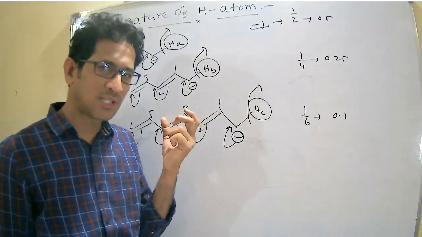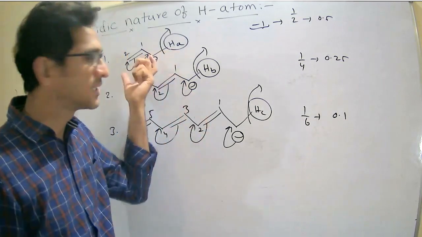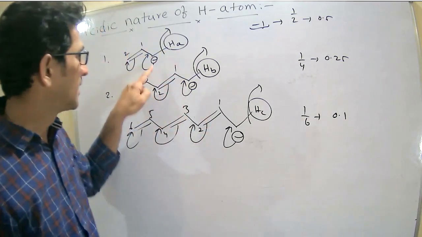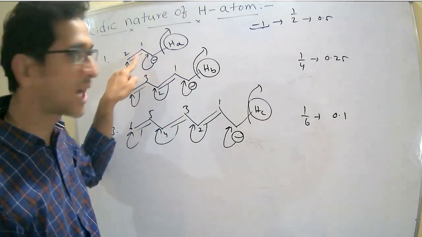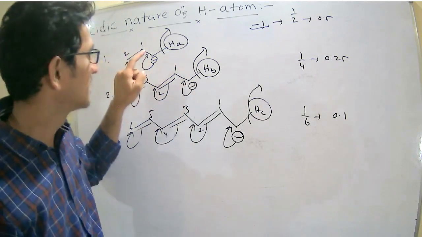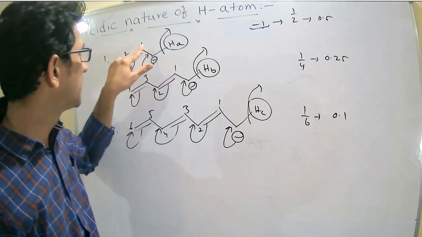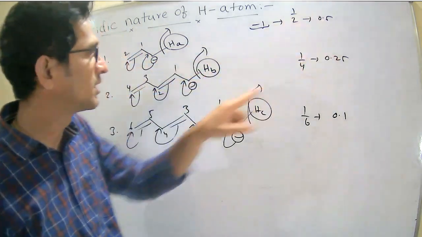So what I am going to say is, whenever a negative charge is in conjugation with unsaturation, delocalization occurs. Here the negative charge is shared by 2 carbons, therefore the charge density is 0.5.